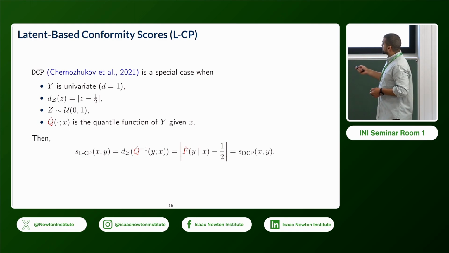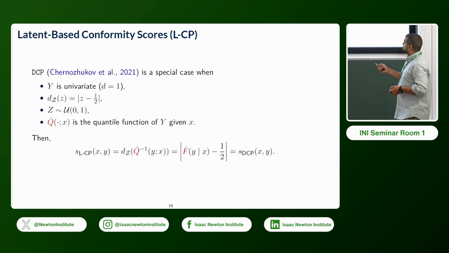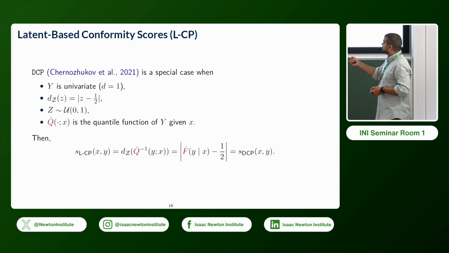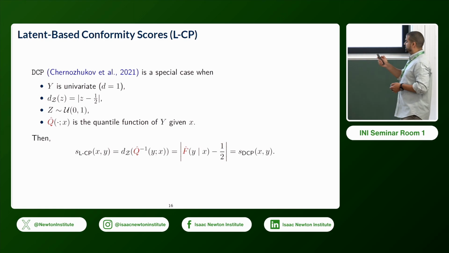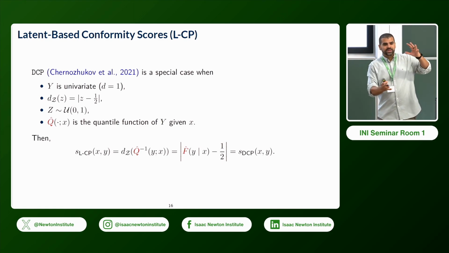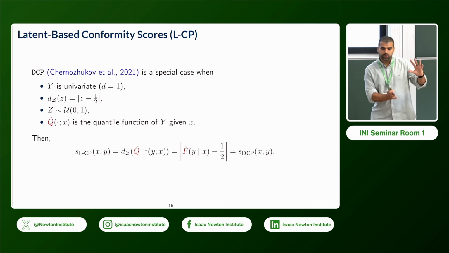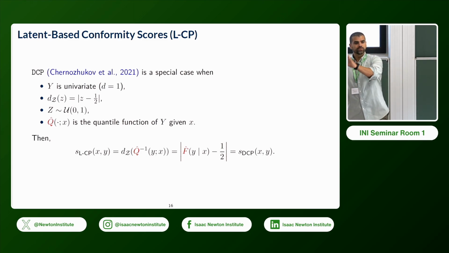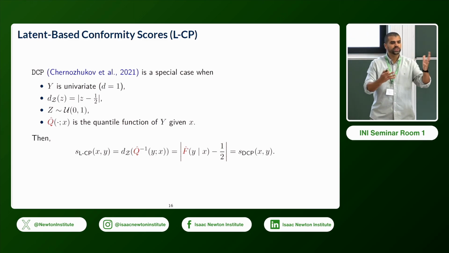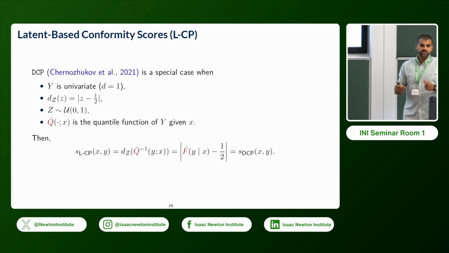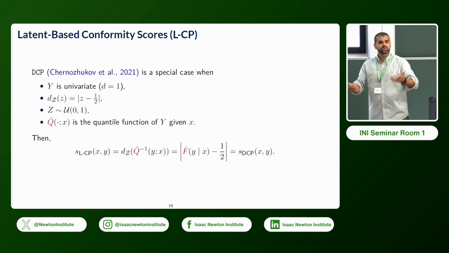You can show that if Q minus 1 is the CDF, and you use D being the absolute value of Z minus 1/2, then you get this score. So if you look at many scores and think about how to extend them to the multivariate case, you find interesting new scores with interesting geometry.